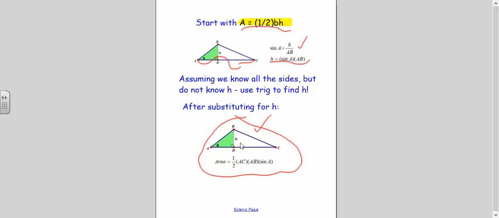Then you're still doing H over BC. My bad. Depending on which angle you're using, that's going to be the side that you use.